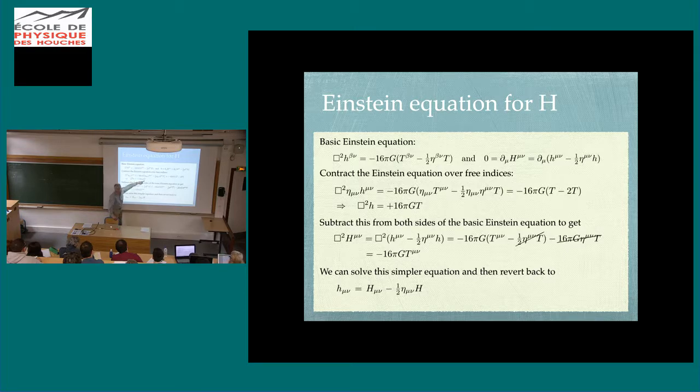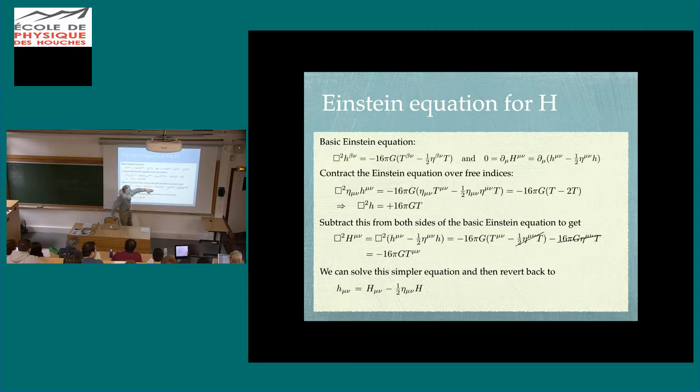where this is the trace of the stress energy tensor. And then I want to subtract this from both sides of the Einstein equation so that instead of the D'Alembertian of little h, I have the D'Alembertian of big H. So I'm going to subtract half of this from both sides times the metric tensor, 1/2 times the metric tensor times the little h.